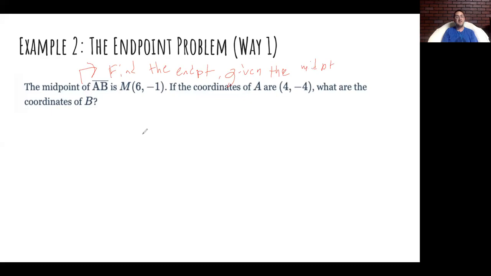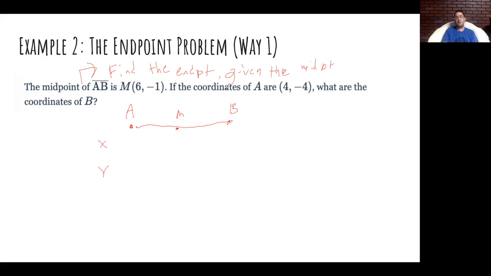So literally, we have a line segment that is AB. And M is the midpoint. And we have an X and a Y coordinate. So I'm going to play scorekeeper here. I have an X number line and a Y number line, basically.